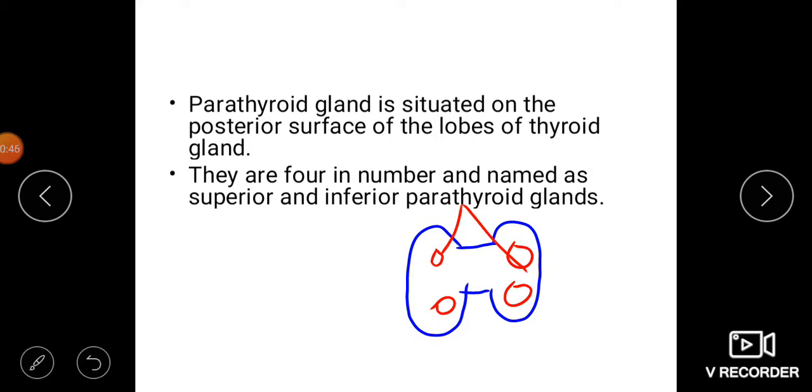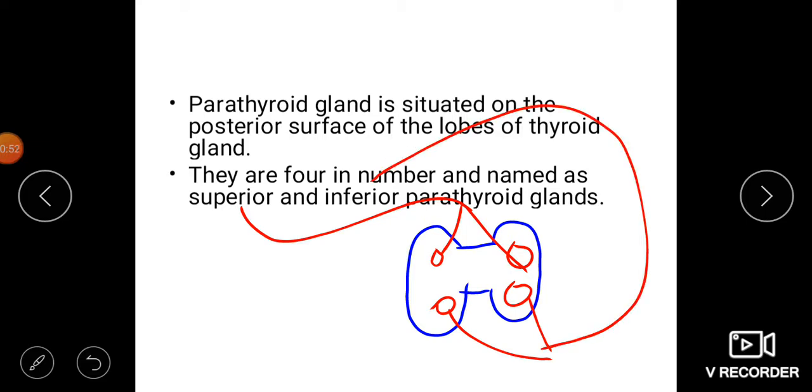These two are called the superior parathyroid, while these two are called the inferior parathyroid. There are four in number, a pair of superior and a pair of inferior parathyroid glands in a compact mass.